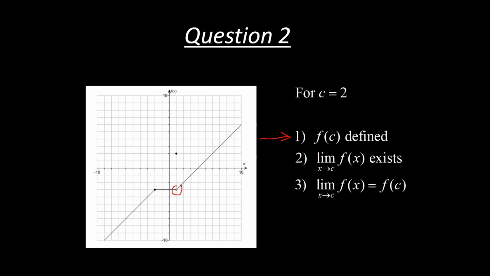Well, this is an open circle here, so it's not defined here. However, there's a closed circle here, and that is where the function is defined, with an output of 2. So yes, it's true that the function is defined at 2.